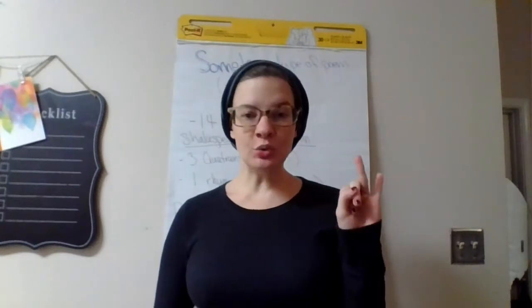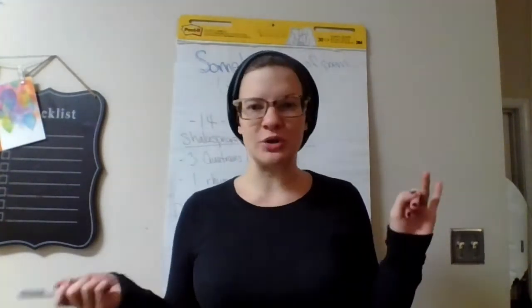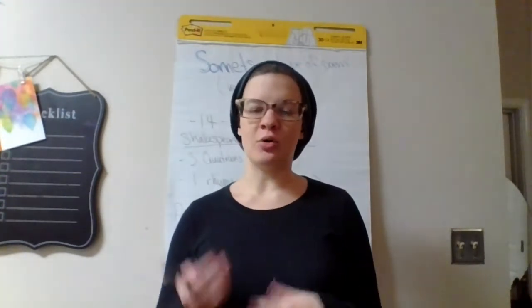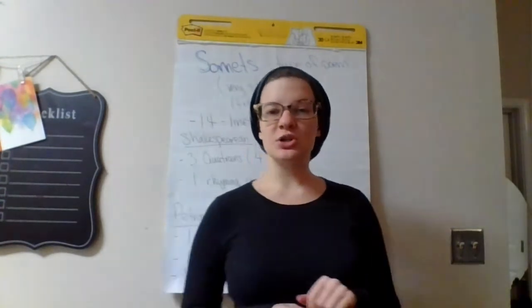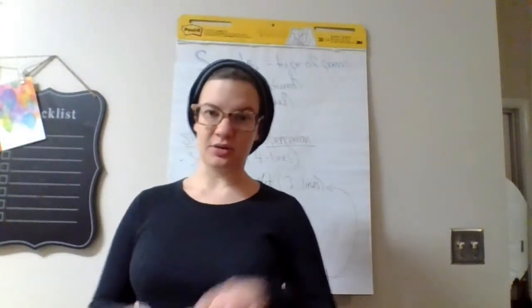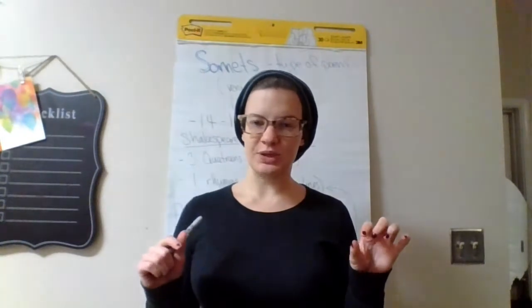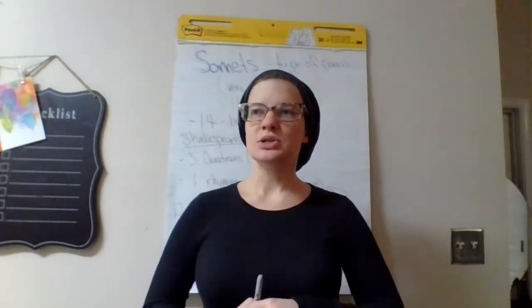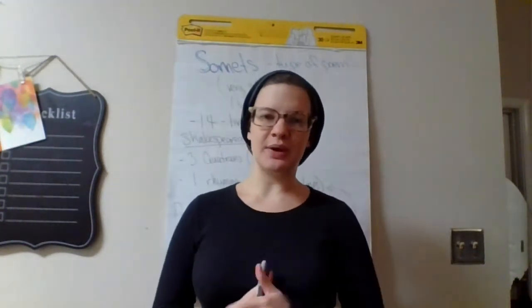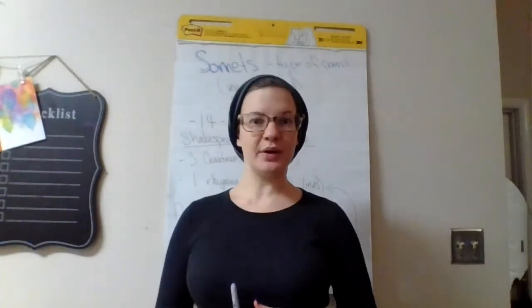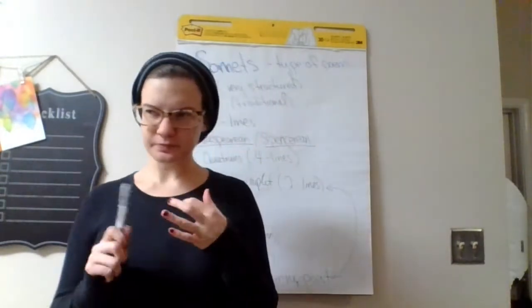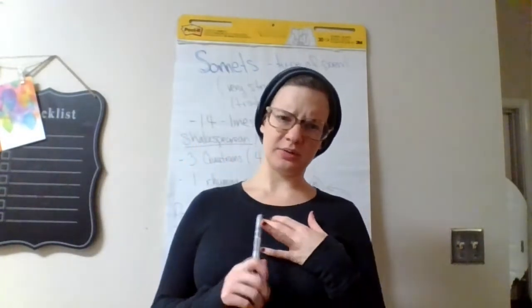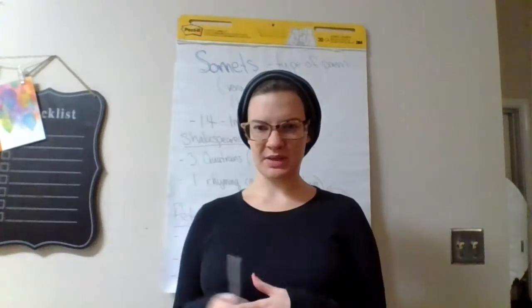There are 2 numbering methods, so the same sonnet can be 60 and 130, just depending on which numbering system you're using. And the third is using the first line of the sonnet as the title of the text. So those are the 3 ways to title a Shakespearean sonnet. We are going to be using either the first line as the title, or a few of them are kind of known by one particular numbering system.